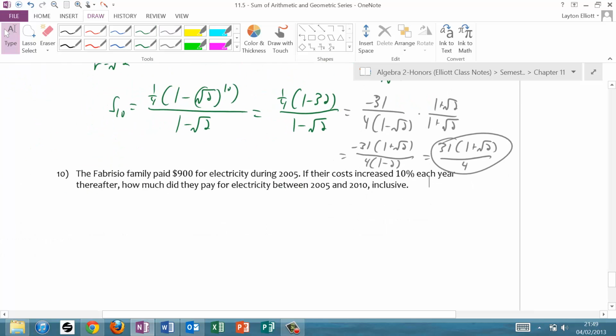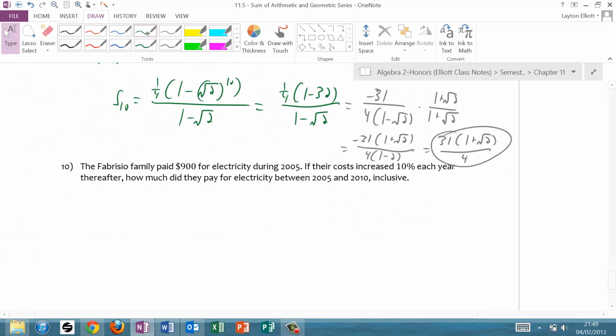Fabrizio family paid $900 for electricity during 2005. Their cost increased by 10% each year. Well, in year 1, t of 1, they paid $900. Costs increased by 10% means that my r value, I don't want to make it 10% because that would make it less per year.